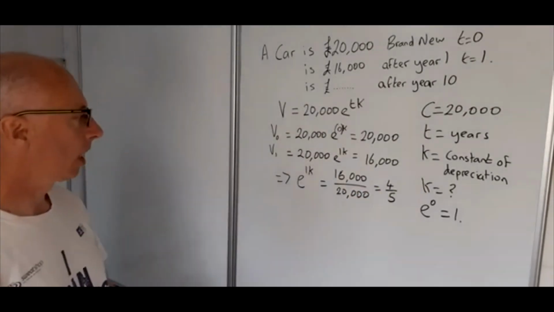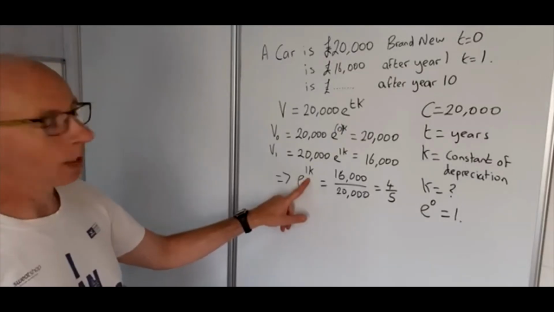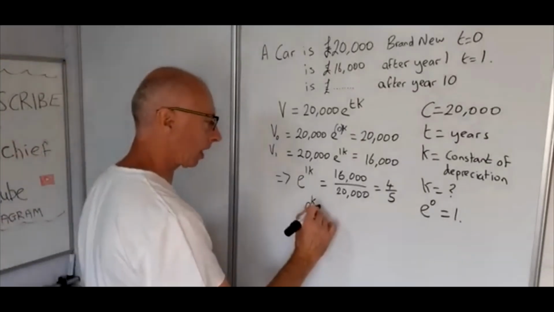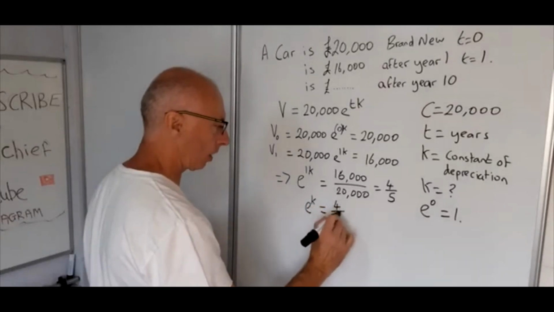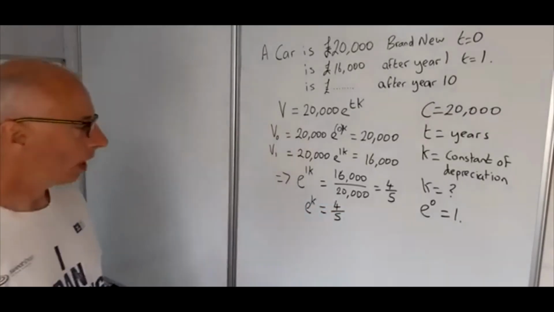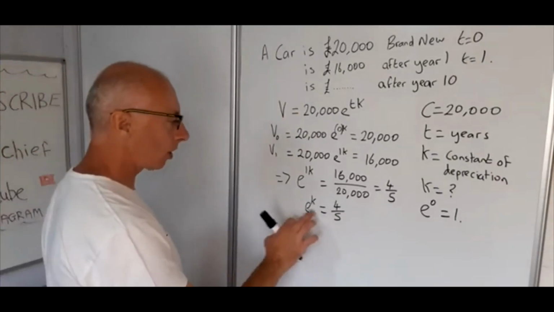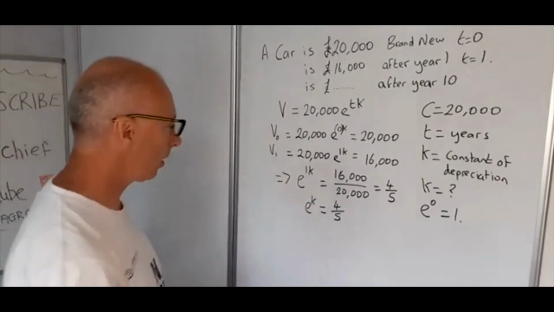Now we've got E to the 1K, we'll just write that as E to the K. So let's just tidy that up a little bit. So E to the K equals 4/5. Now to isolate the K, if we take the log of both sides, we get the K on its own.